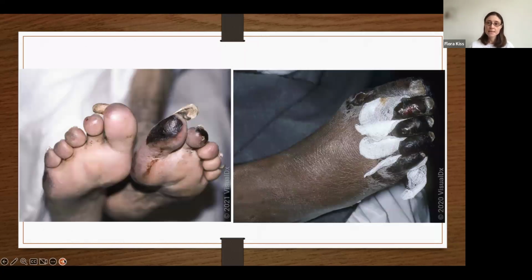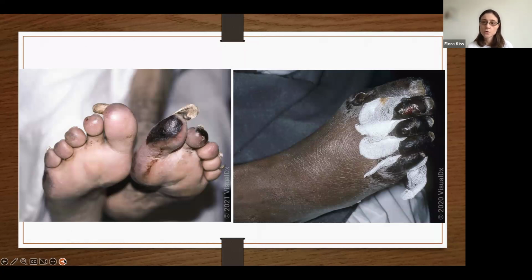And my last case that I wanted to share with you, and then we will conclude the session, is a case of, or two cases of frostbite. And you can see that I brought these images from Visual DX. So this is a source that you can also access through your student intranet.